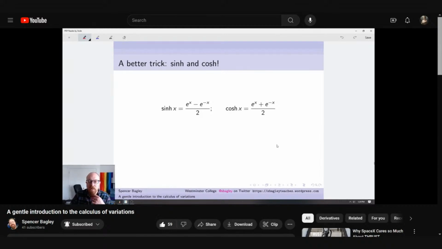Here are the things that you care about from these definitions, and you can check that these are true. If you take the derivative of sinh, you get cosh. And if you take the derivative of cosh, you get sinh, which is like one step nicer than the relationship between sine and cosine's derivatives. And there's also sort of a Pythagorean-ish identity going on here as well, which is this.